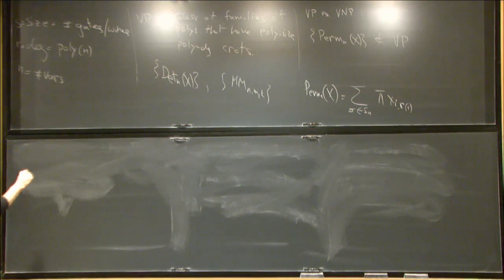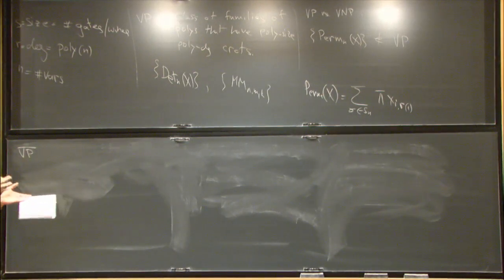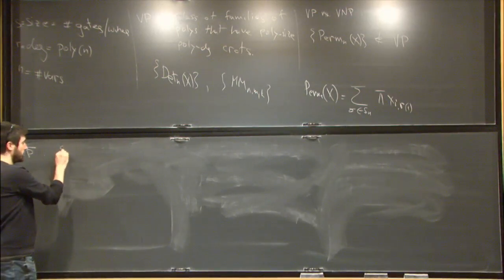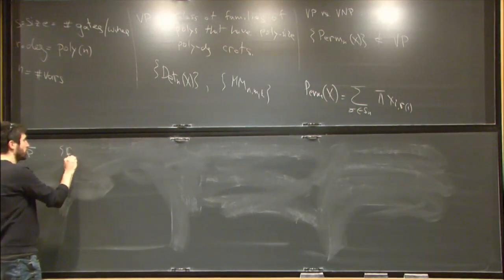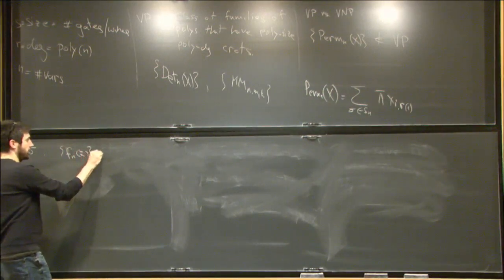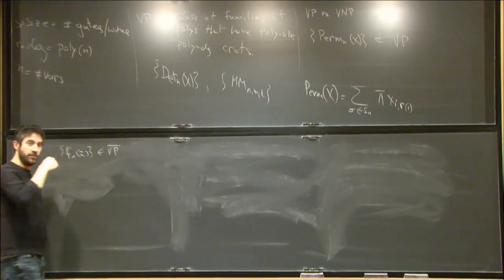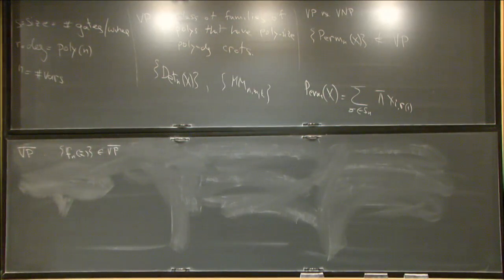Now let me define the class that's known as the closure of VP, which is the closure in the usual sense, as we think about taking a set of points and closing it under limits. So let me first give the definition. Let's say that a polynomial family is in the closure if it is the limit of polynomial families from VP. So what do I mean by this?